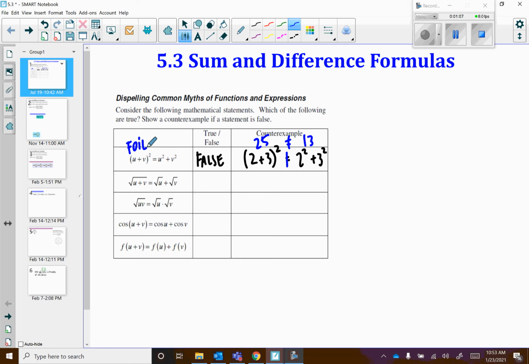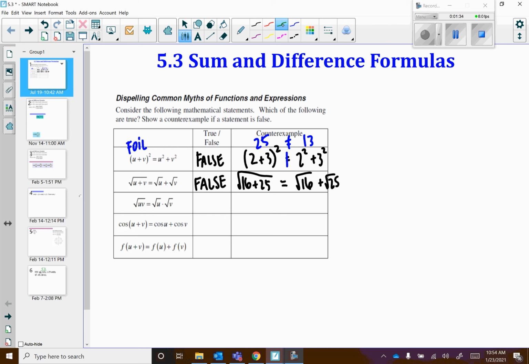The second one is the square root of u plus v is equal to the square root of u plus the square root of v. And similarly, hopefully you're looking at this and thinking, oh, no, that doesn't work. That is also false. So a fun counterexample we could use for this would be, let's say the square root of 16 plus 25. Is that equal to the square root of 16 plus the square root of 25?